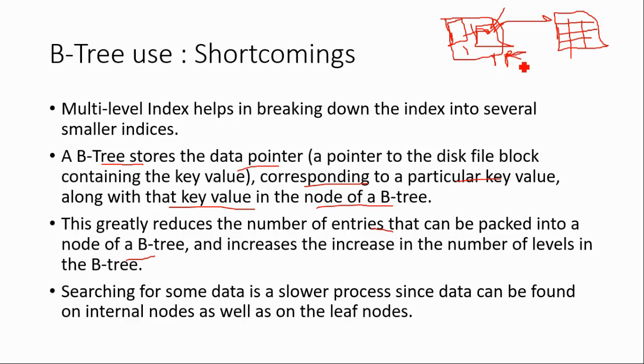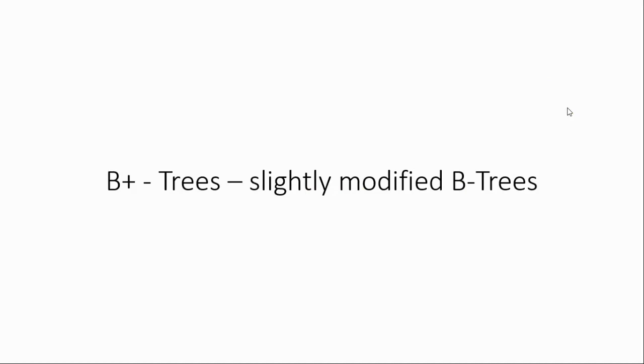So we can accommodate a lesser number of keys, the height of the tree which grows due to insertion will be more, and the time taken for access of data in B trees will be greater.